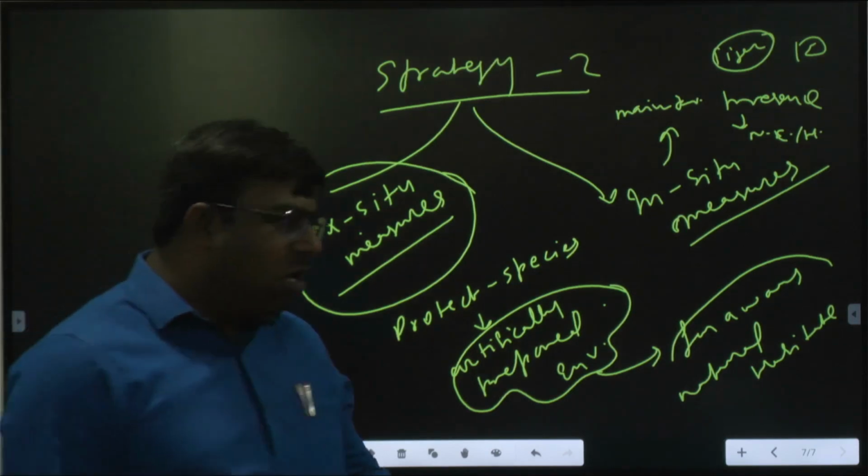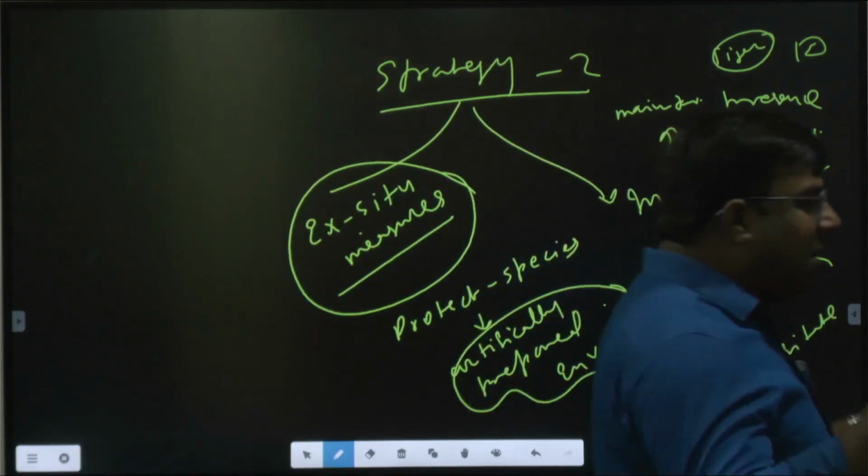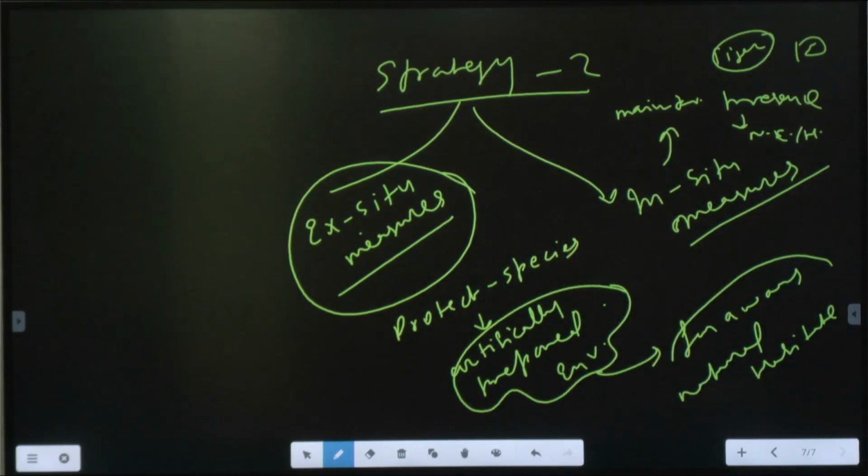So all in all, various efforts or various strategies related to biodiversity conservation are broadly divided into these two categories: in situ and ex situ measures. Please write down. You can put heading: conservation of biodiversity.